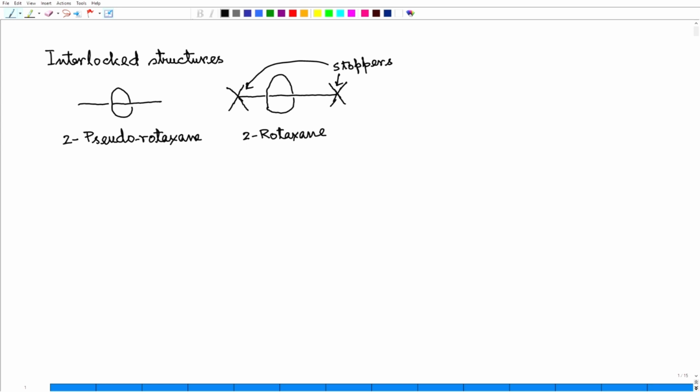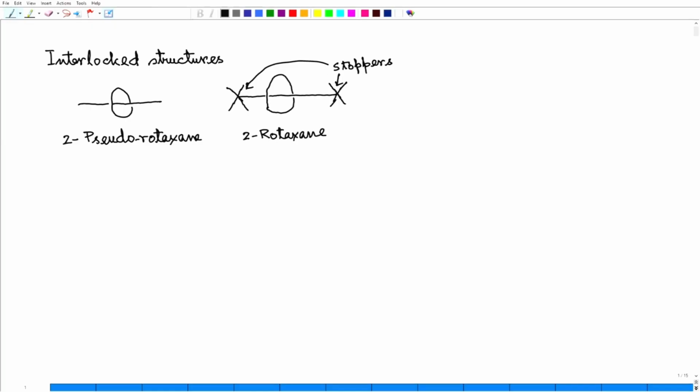As you can understand, when I have this pseudo rotaxane, I take a macrocycle and then put the rod inside. Why it will go? It will be obvious as we go along. And once it goes in, then I can put a stopper here and a stopper here to get rotaxane.